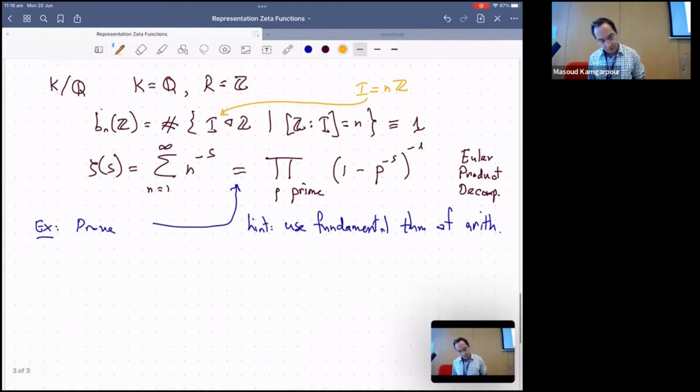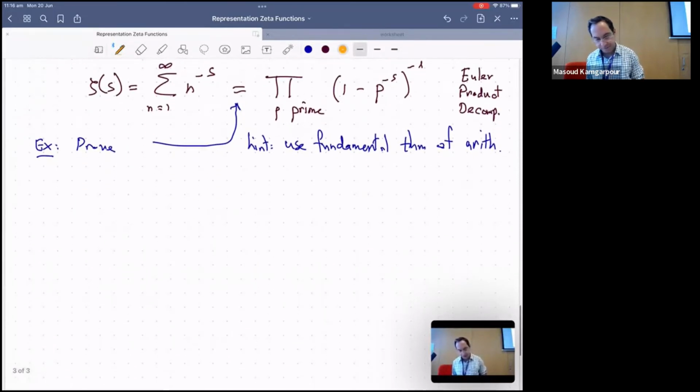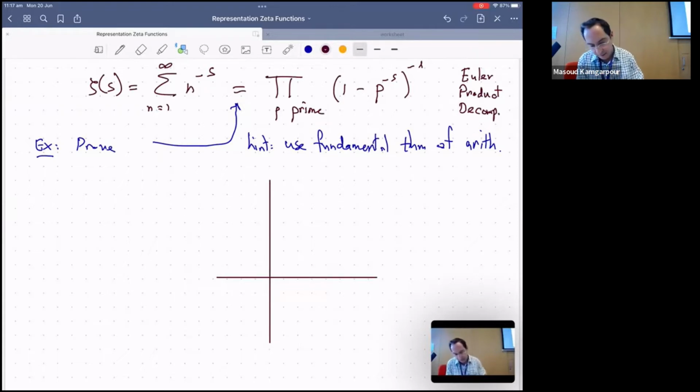So now if you look at the Riemann zeta function, let's see what we can say about it. Firstly, to begin with, this sum converges only for real part of s greater than 1, right? So the abscissa here is s equals 1.